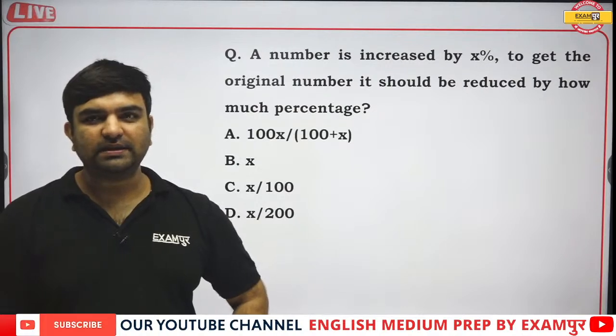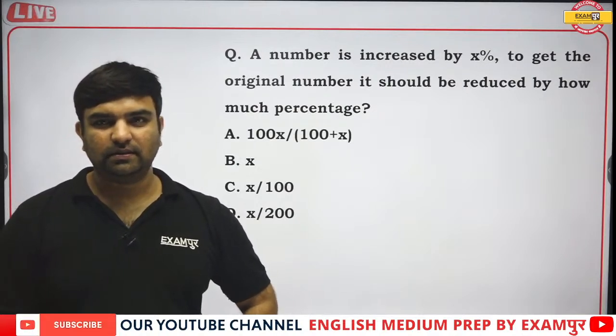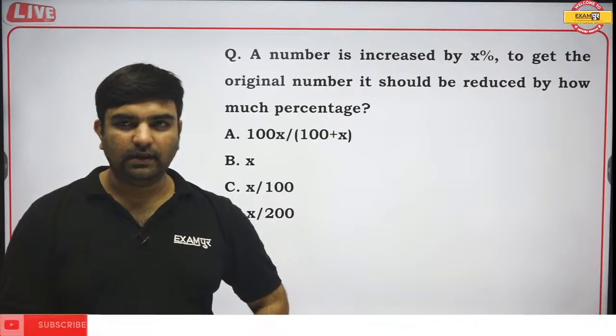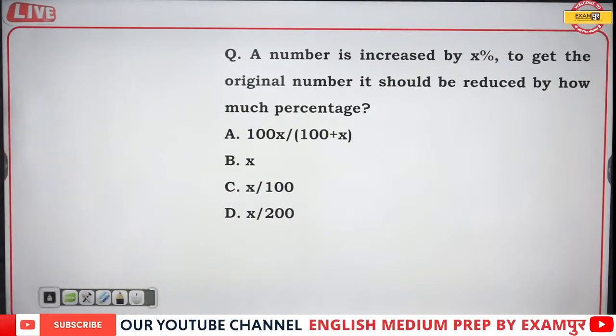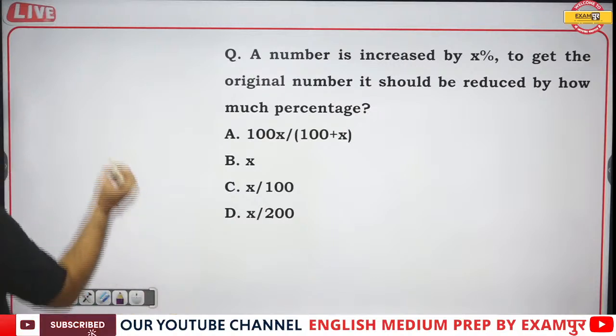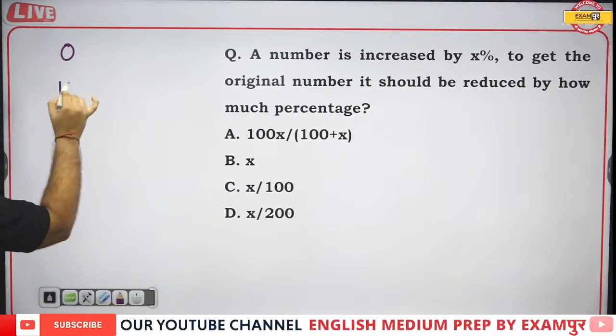A number is increased by X%. Then it is decreased to get back to the original number. Let the original number be 100.